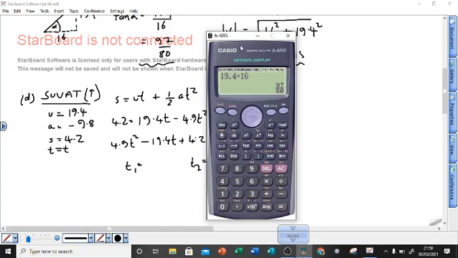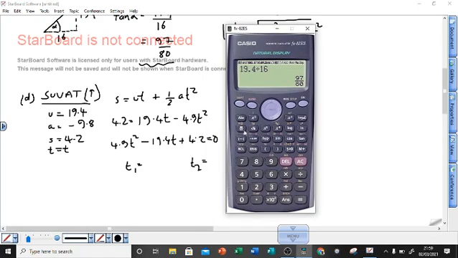Okay, so let's get the biggest one first of all. So minus b, that is 19.4, plus the square root of b squared, so that's 19.4 squared, minus 4 lots of a, which is 4.9, lots of c, which is 4.2. Okay, close brackets, come out, go down, and 2 lots of a is 9.8.